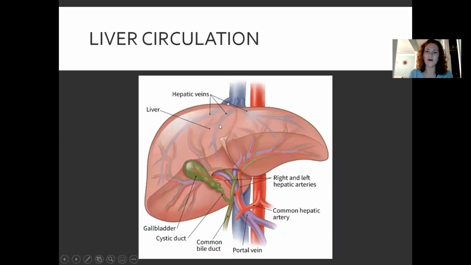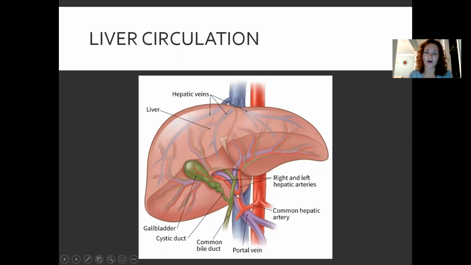So this is what the vasculature of the liver looks like. The liver is a very vascular organ. The common hepatic artery here is what breaks off of the aorta and then delivers oxygenated blood to the liver.